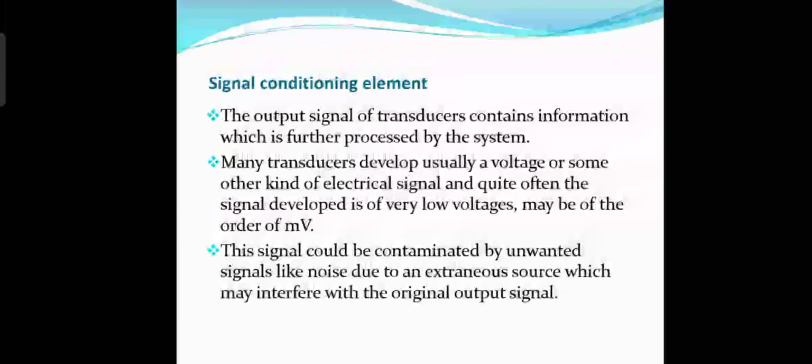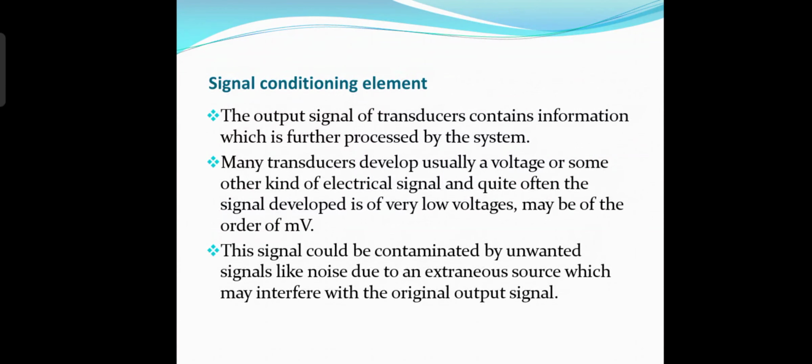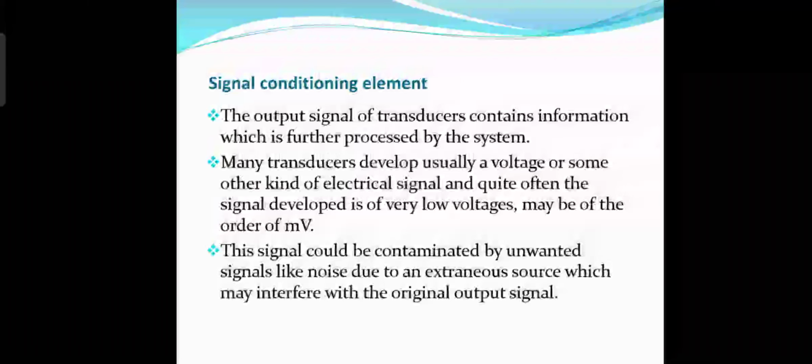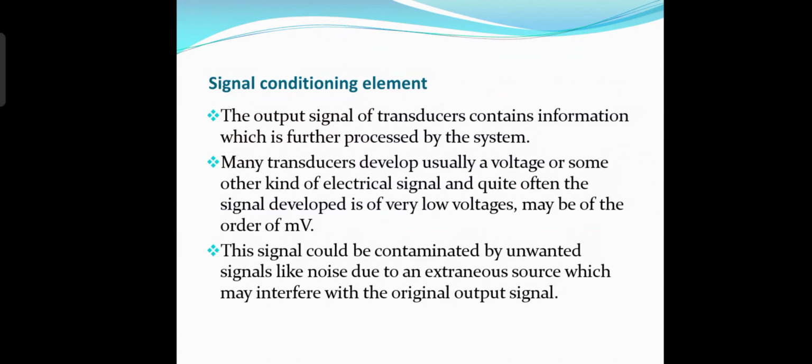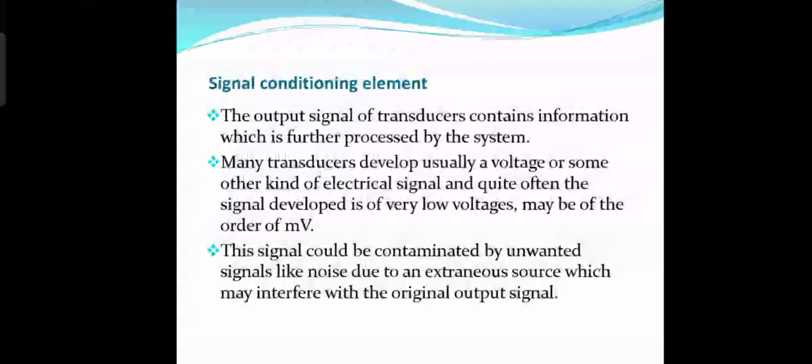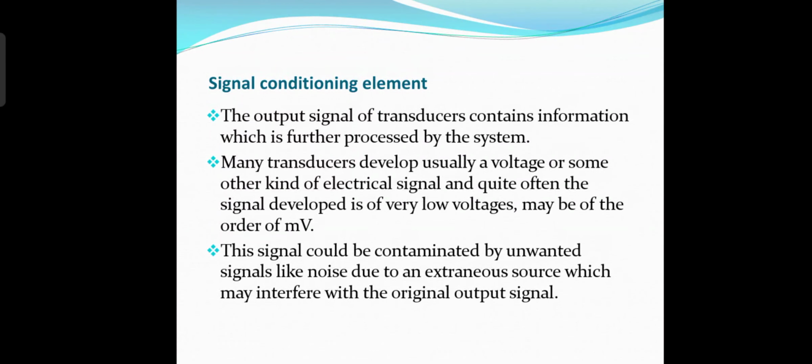The output signal of the transducers contains information which is further processed by the system. Many transducers usually develop a voltage or some other kind of electrical signal, and quite often the signal developed is of very low voltage, maybe of the order of millivolts.